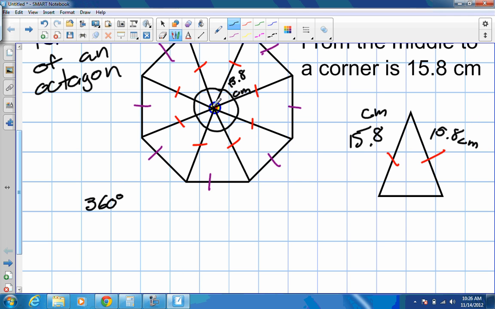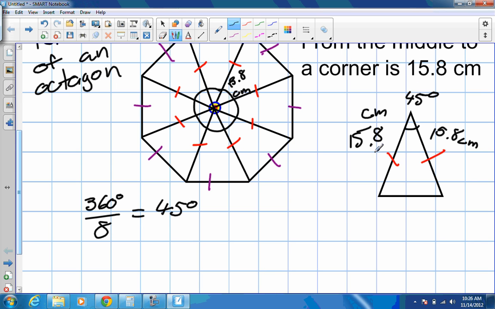Because there are 8 triangles making up this circle in the middle, we need to divide them equally. All of those angles are going to be the exact same, so we'll be dividing this by 8. 360 divided by 8. Anyone know? 45. Good. 45 degrees. So in other words, the top of this triangle is 45 degrees.